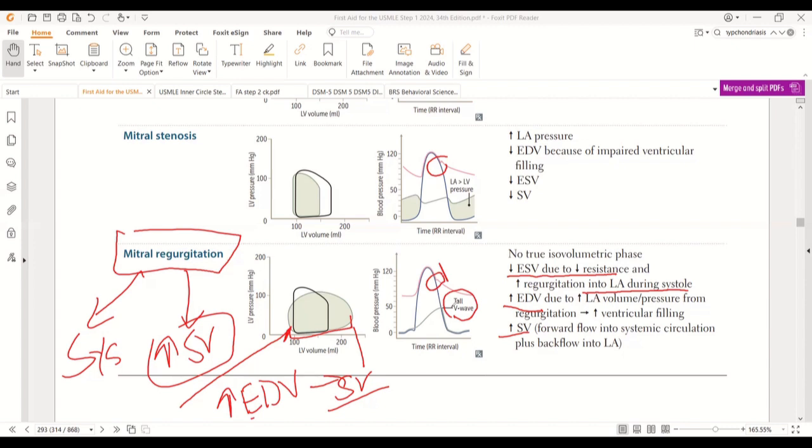Okay, so there is increased pressure of the left atrium, right? So on JVP, you noted that there is a V wave. So this is a tall V wave, volume overload, I think. So this tall V wave is present in mitral regurgitation.